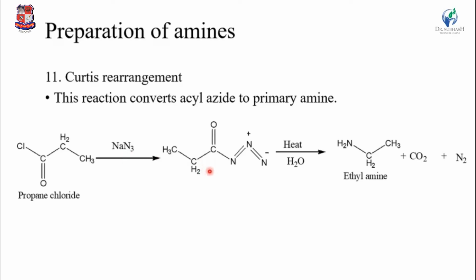This is the alkyl azide group, and on further heating one water molecule is removed and one water molecule is also added, making ethylamine, and N2 is removed and CO2 is also removed.